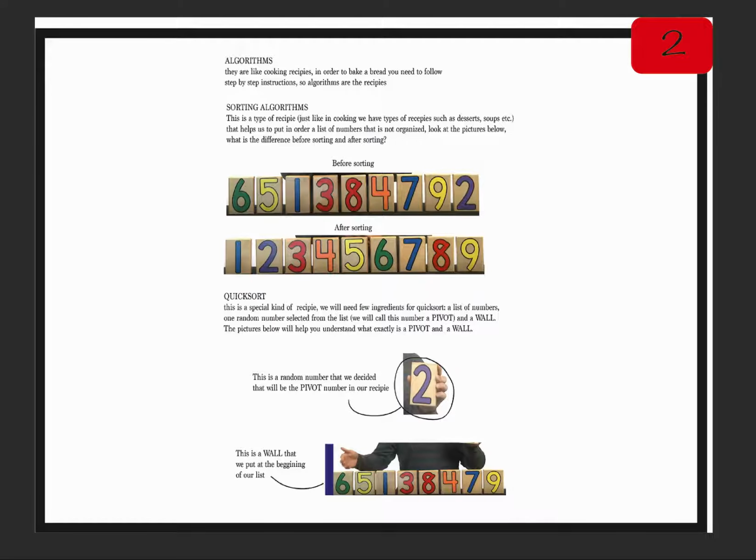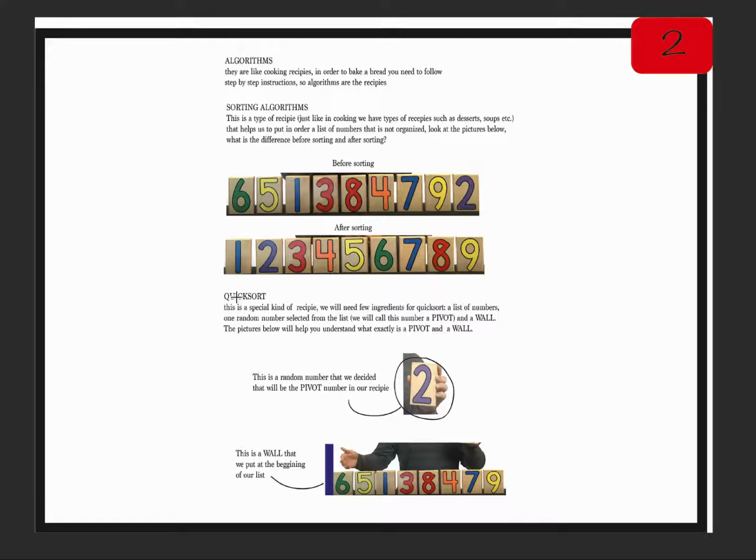So let's take a simple example of sorting algorithms. Here we have a list of numbers before sorting, and we have a particular sorting algorithm, which will be just the approach. Just like you can bake cupcakes in multiple ways, you can also sort a list in multiple ways. So our end product is here, it's the sorted list.